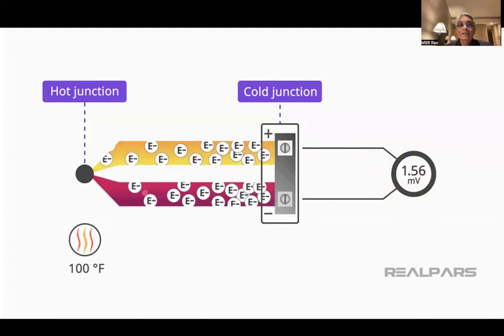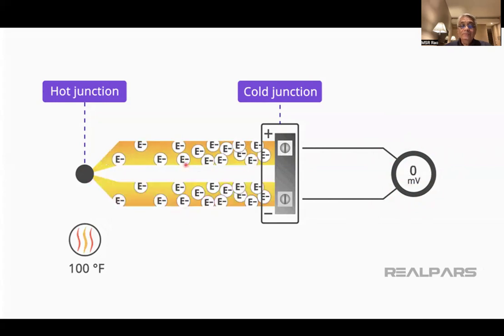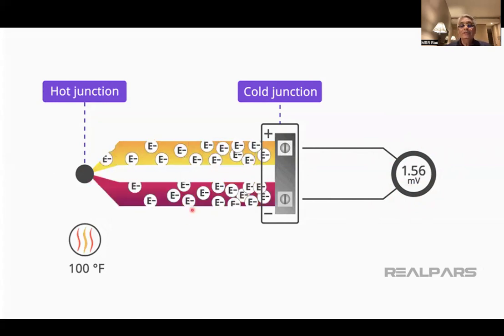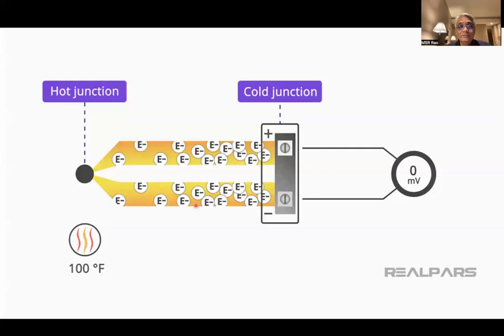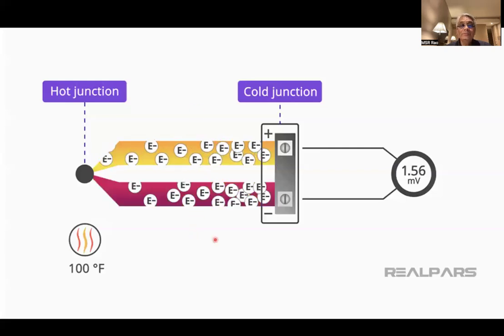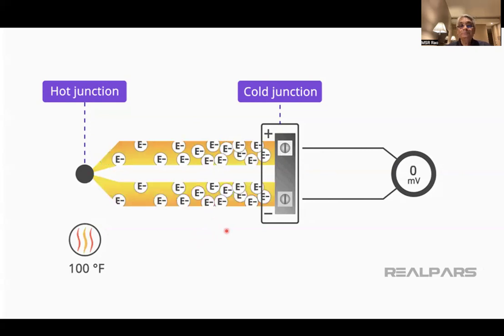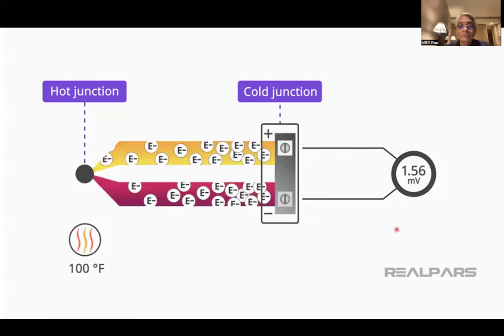This is not possible if both the arms are made of a single element. Like you can't have copper, copper, aluminum, aluminum, or gold, gold there. You need to have two dissimilar metals to produce that electromotive force.